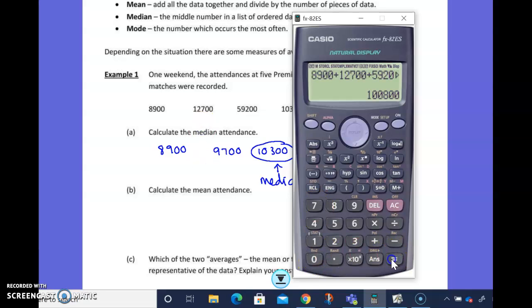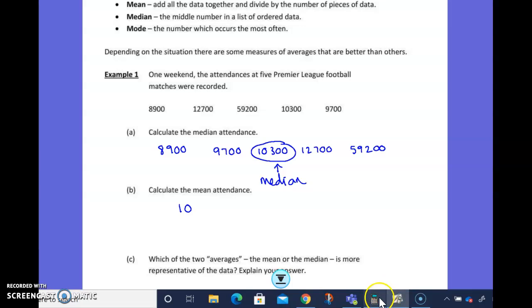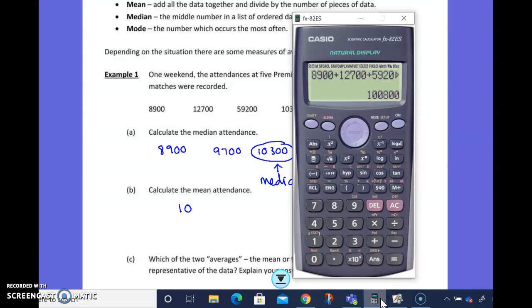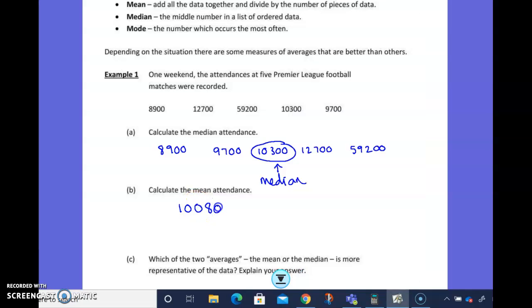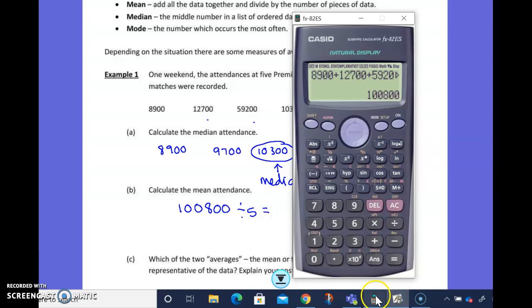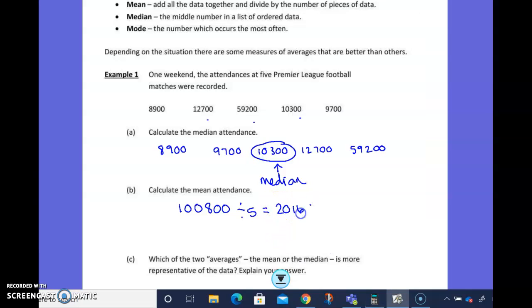Adding them all up gives me 100,800. I've forgotten how many zeros that is already. 100,800. And then we divide by how many pieces of information we've got. So that's 1, 2, 3, 4, 5. So we divide by 5 to get the mean, which is 20,160.